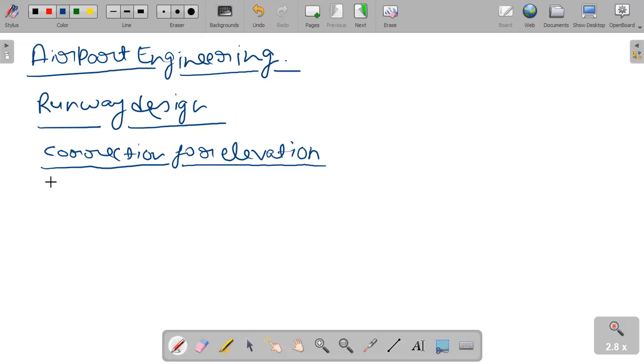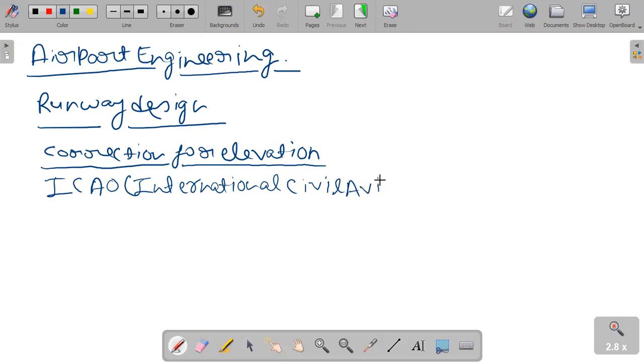Remember that ICAO stands for International Civil Aviation Organization.